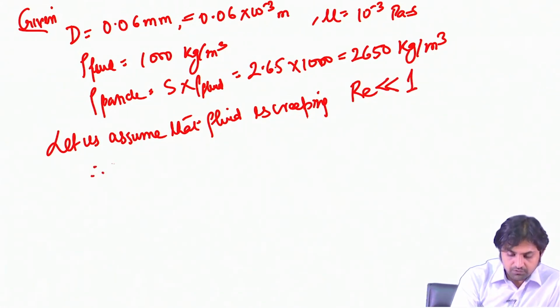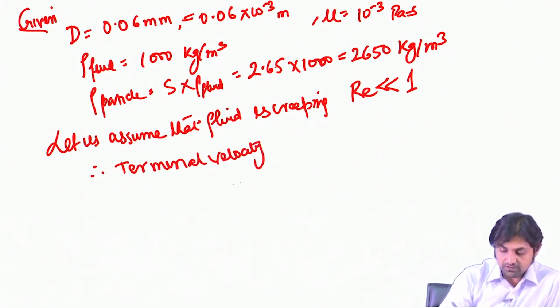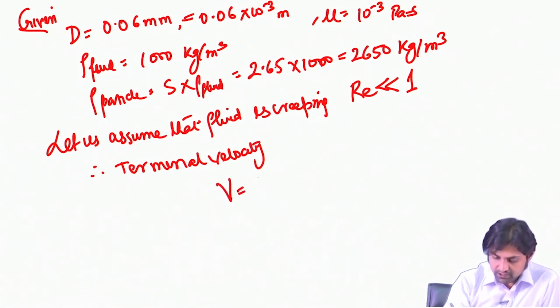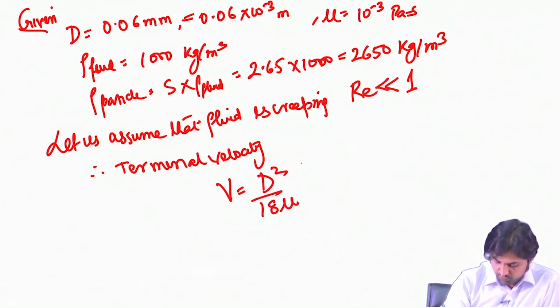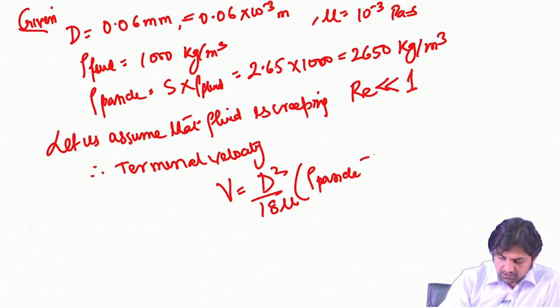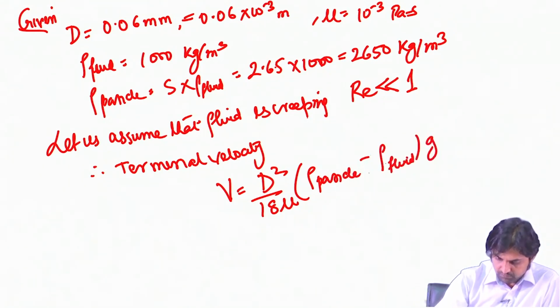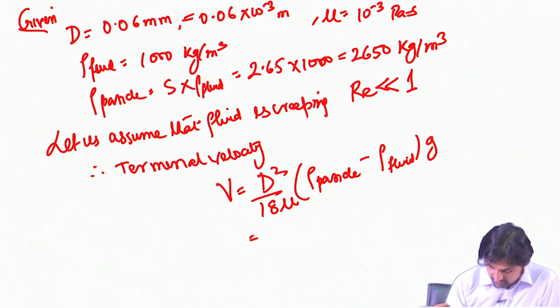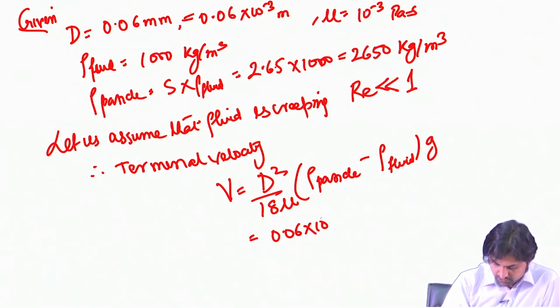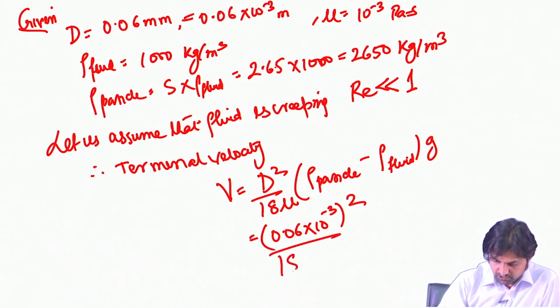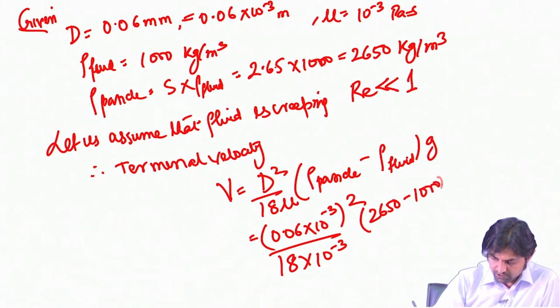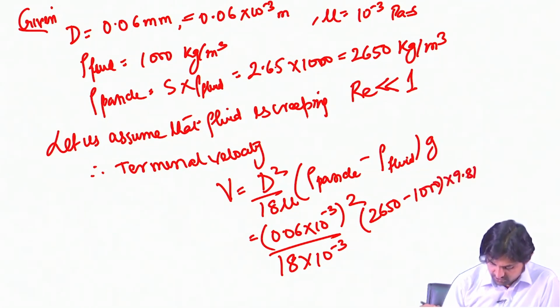Okay, therefore terminal velocity V, as we have derived, is written as d square by 18 mu into rho particle minus rho fluid into g, and this is 0.06 into 10 to the power minus 3, whole square, divided by 18 into 10 to the power minus 3, into 2650 minus 1000 into 9.81.